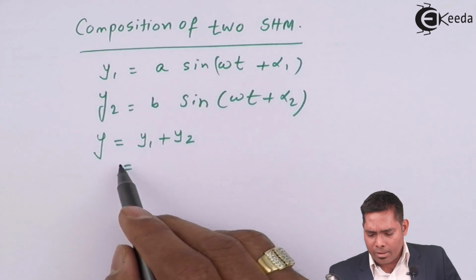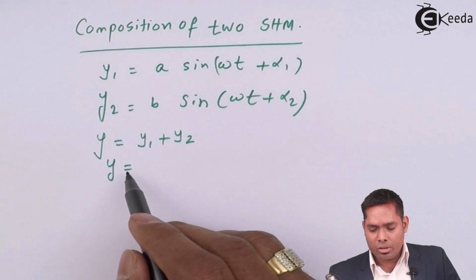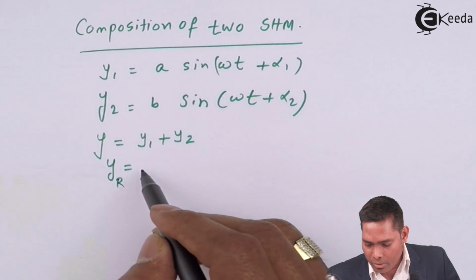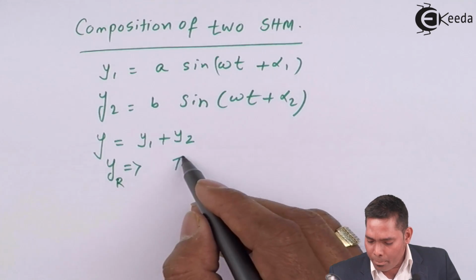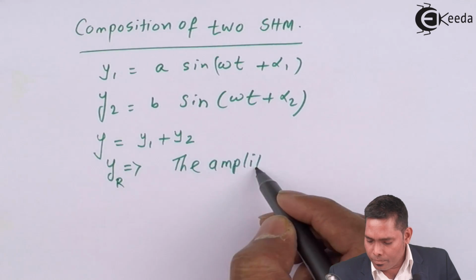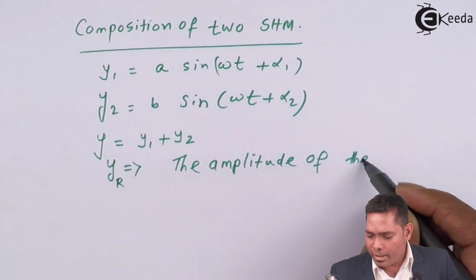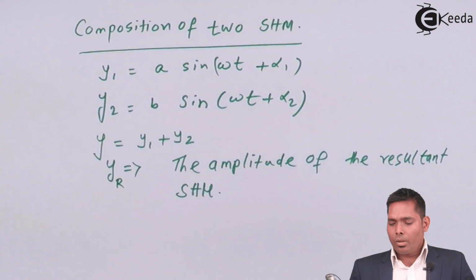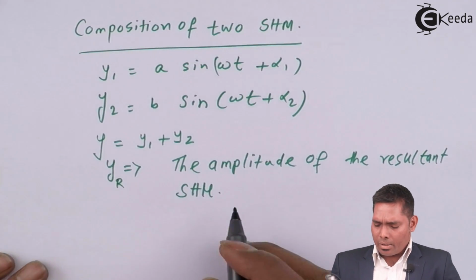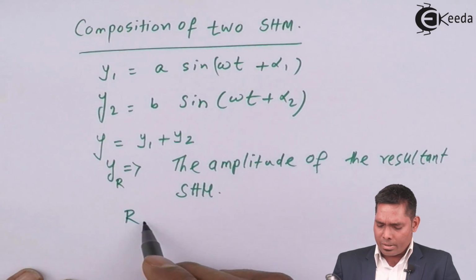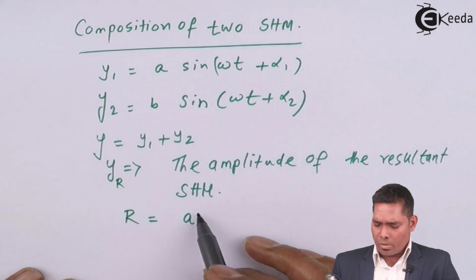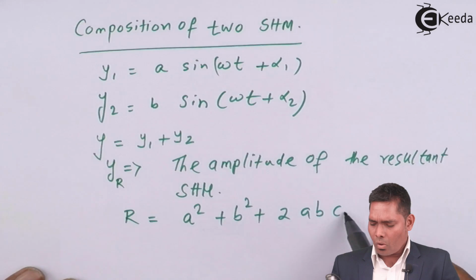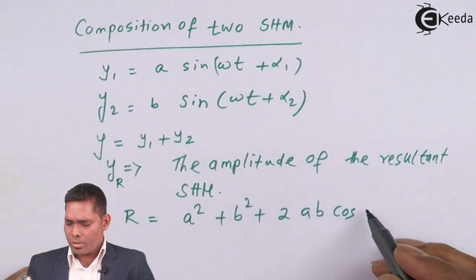The result is that the resultant amplitude, suppose R, that is the amplitude of the resultant SHM, because the result is also an SHM, is given by the square root of a square plus b square plus 2ab cos of the phase difference between the two.